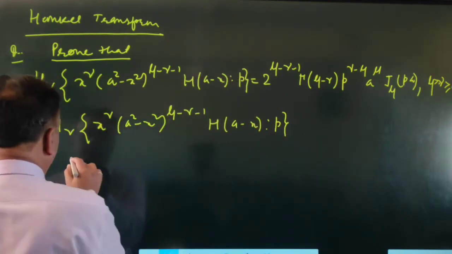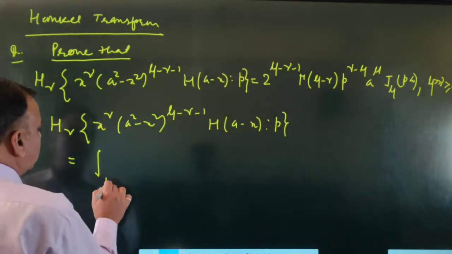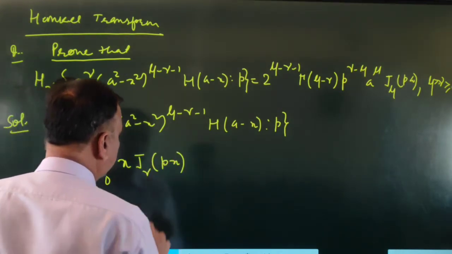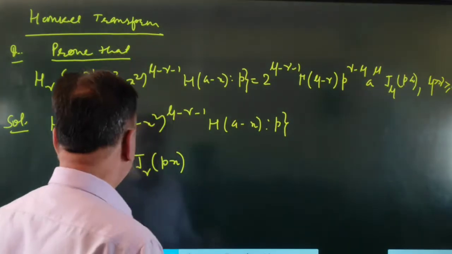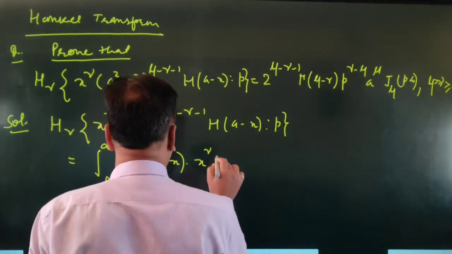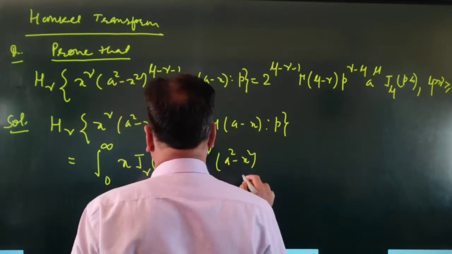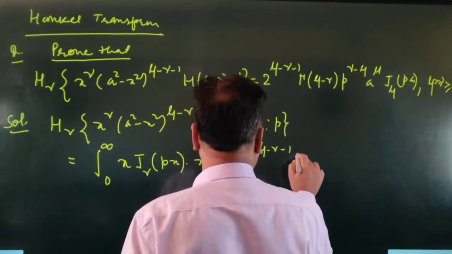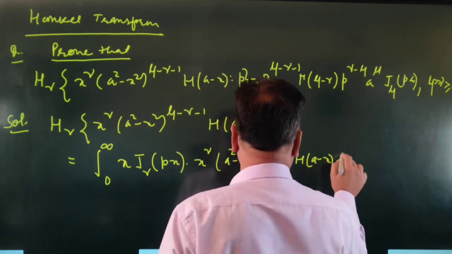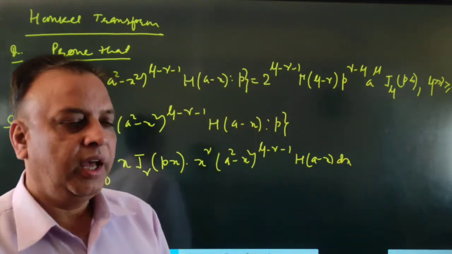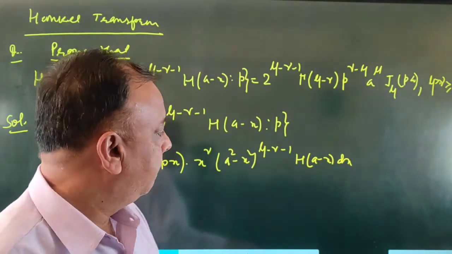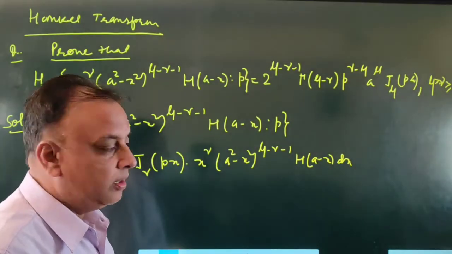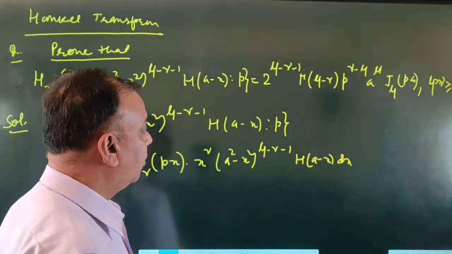By the definition of the Hankel transform, this is equal to the integral from 0 to infinity of x J nu(px), where x J nu(px) is the kernel of the Hankel transform, and the function is x raised to nu, (a square minus x square) raised to mu minus nu minus 1, H(a minus x) dx. H(a minus x) is the Heaviside unit function. The value of this one is 1 in the limits 0 to a and 0 otherwise.